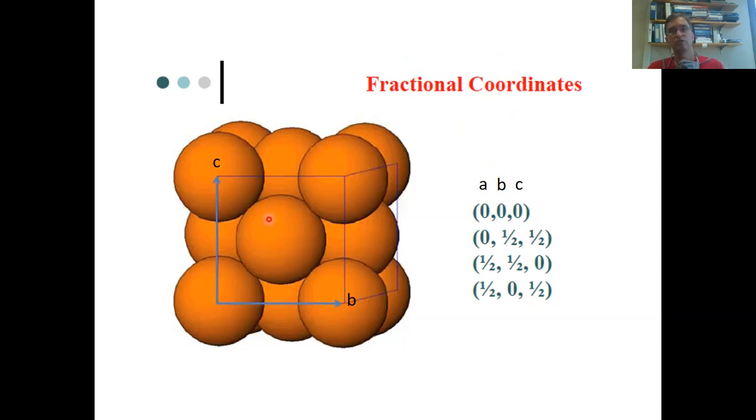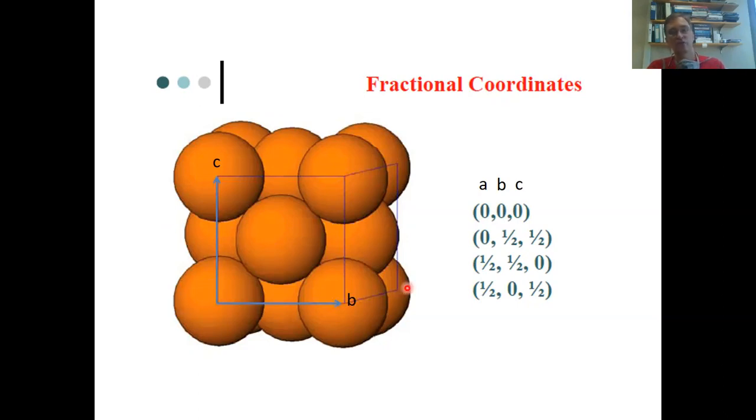Okay, so for instance, in the case of this face-centered cubic unit cell, where are the fractional coordinates of the metal atoms here? Well, if you define this B, this C, and A perpendicular to that, and if we define this the origin, then this atom here would sit at the position 0, 0, 0. Okay, so there will be 7 other atoms that are sitting on the other 7 corners.